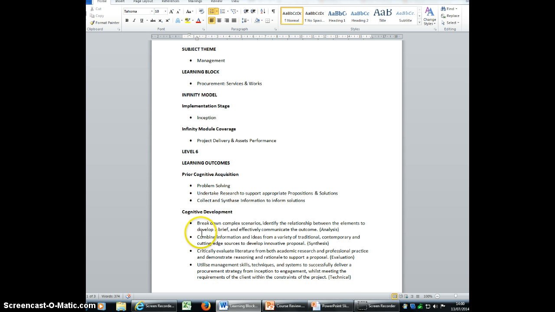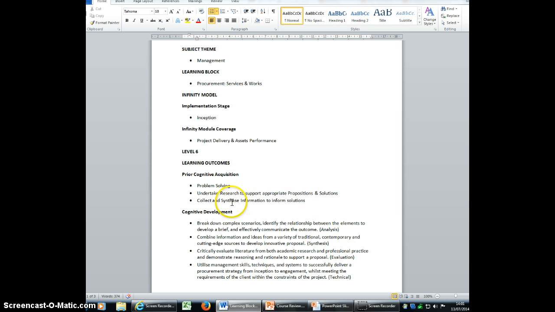If you think about it, the first 3 are really about the development of the intellect, the graduate attributes, and the final one is about the technical content, in fact the subject knowledge that you need to develop the 3 above. They're not in any particular order, they could be the other way around, but you can see now I've got the 2 strands put together: learning outcomes or development of the intellect in the first 3, and the last one is the technical knowledge.